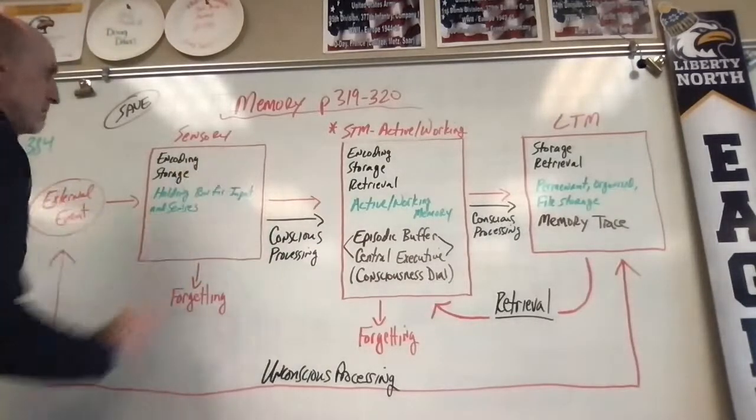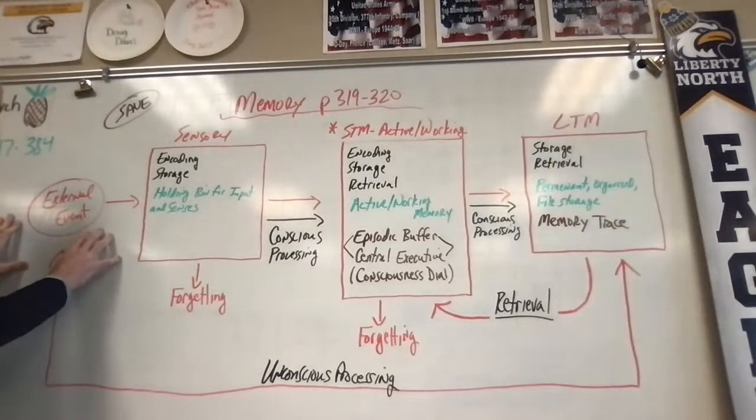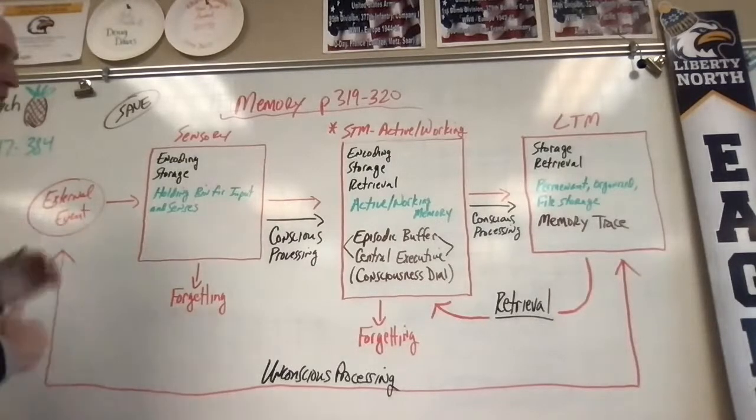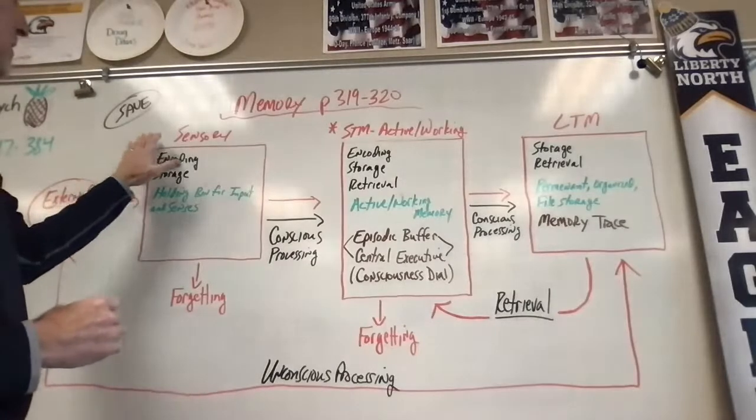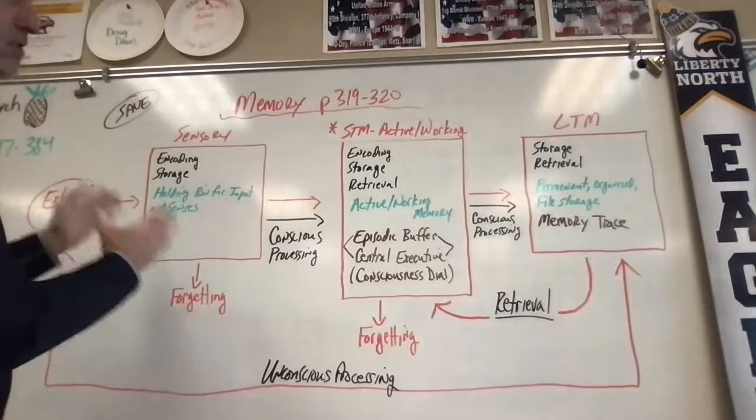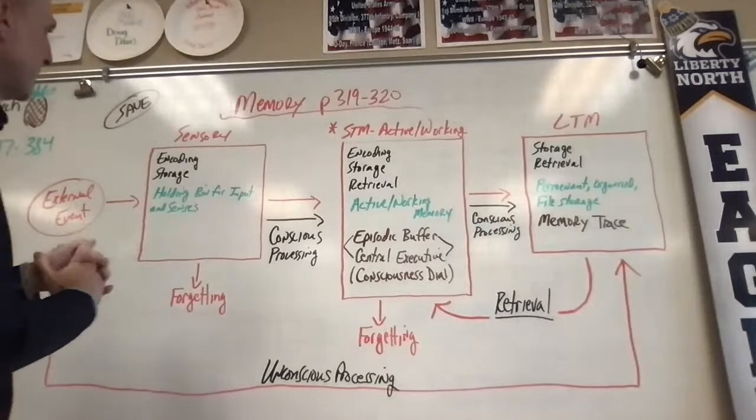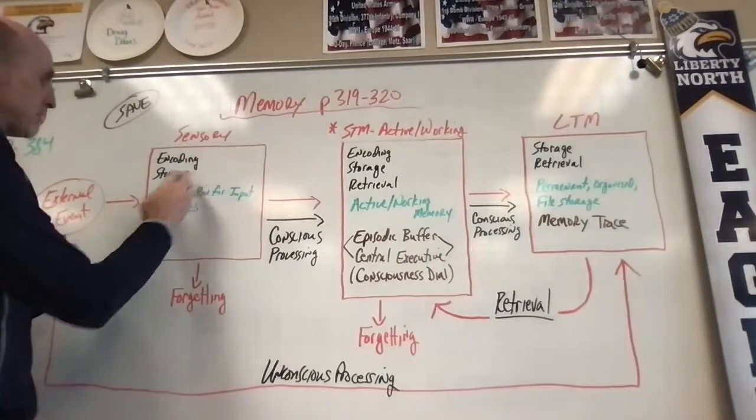So my first stage of memory. We'll start with an external event, which could be anything, but for you guys, you're in school, so this is you studying or needing to remember information for a test or for a class. Sensory memory is the first stage or system of memory, and it does encoding and storage.